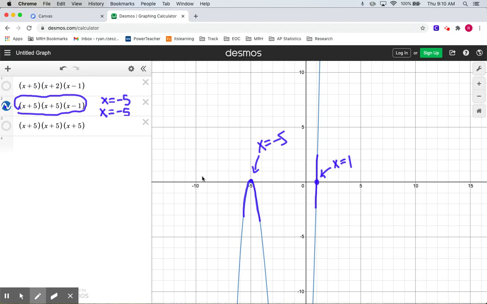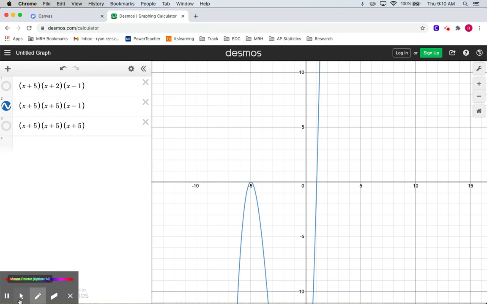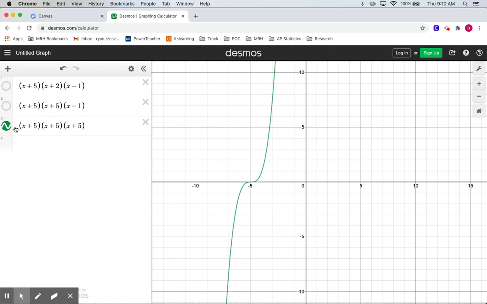I have one more example of that, and it's the third equation written down. If you look at my green graph, this time the root repeats 3 times. It's x equals negative 5 for all of these. And at that point, it does go to the other side. It doesn't bounce off like it would if it was repeated twice.